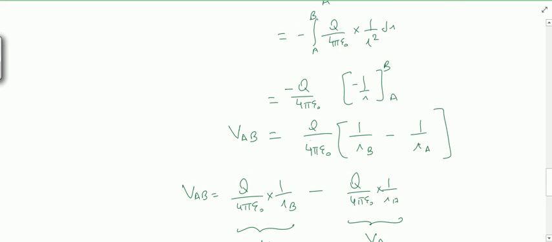Here I derived VAB when I was moving the charge from A to B. So now I am moving from infinity to the point where the distance is r.